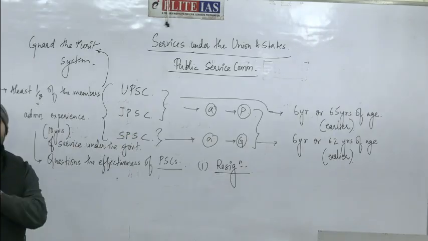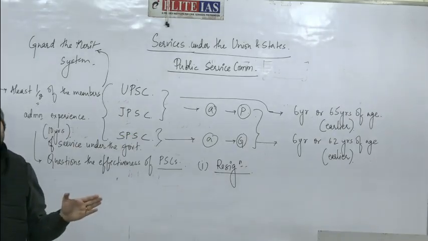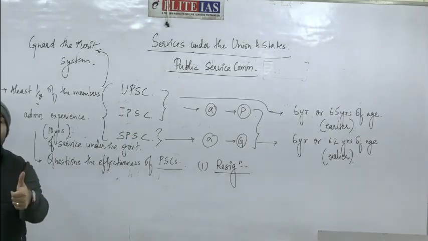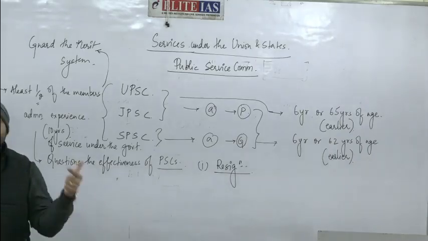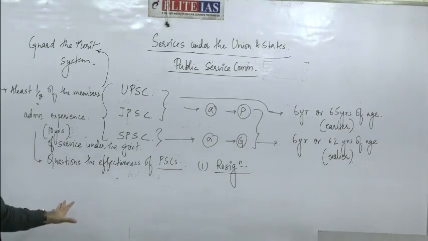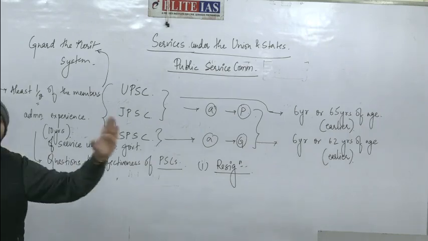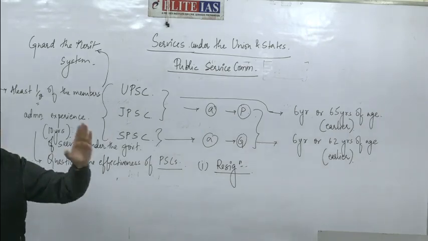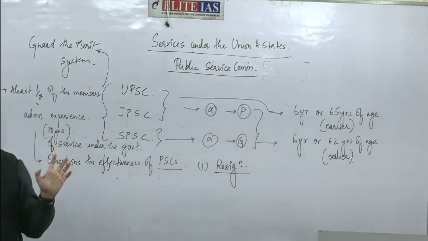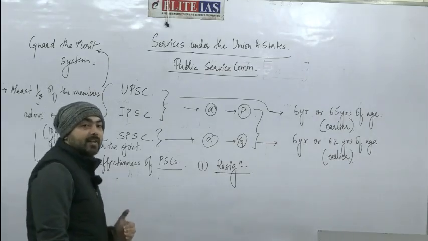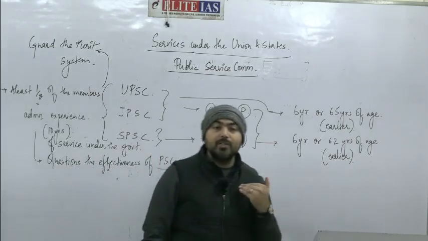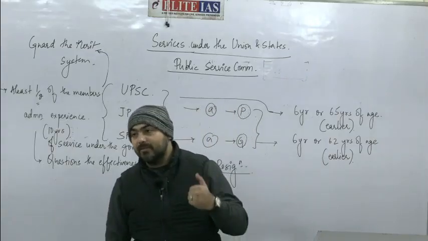If they indulge in any private contract, they can be removed by the President. If they indulge in any contract under the government, the Supreme Court can recommend the President to remove the individual. This is removal. Article 317 of the Constitution talks about the removal of members of Public Service Commission.